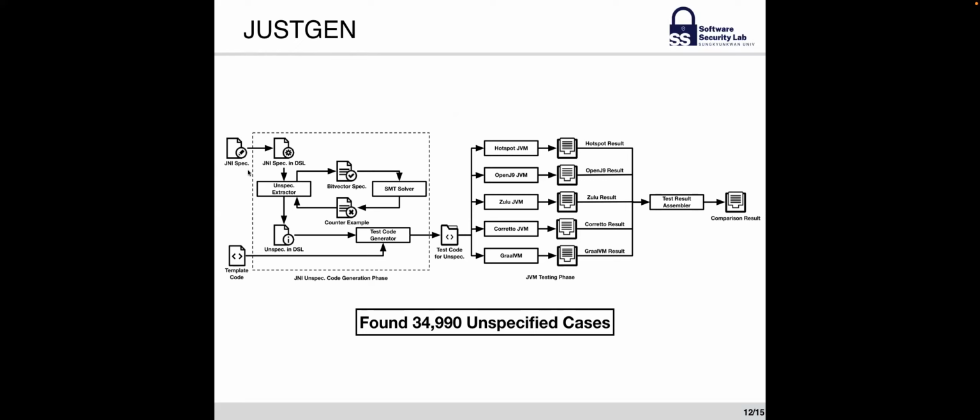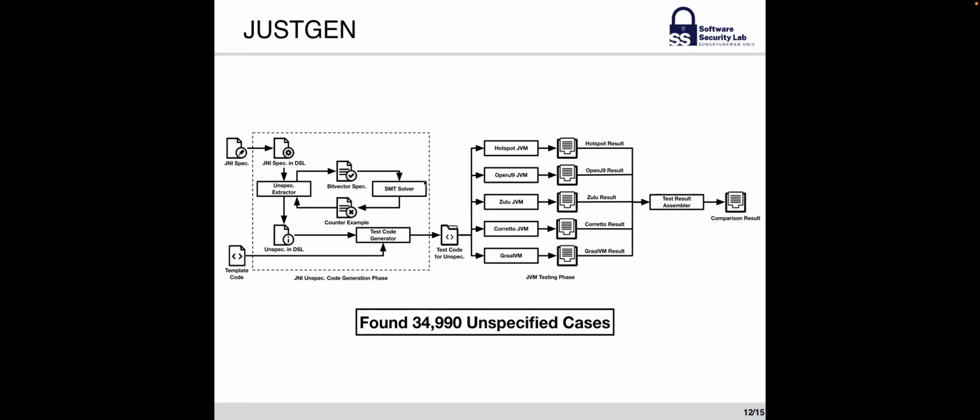JustGen first automatically converts this input data to bit vectors, because we are using an SMT solver. The SMT solver can understand bit vectors, so we transform the JNI specifications in the DSL into bit vectors. And using the SMT solver, we find the unspecified cases in the JNI specifications automatically.